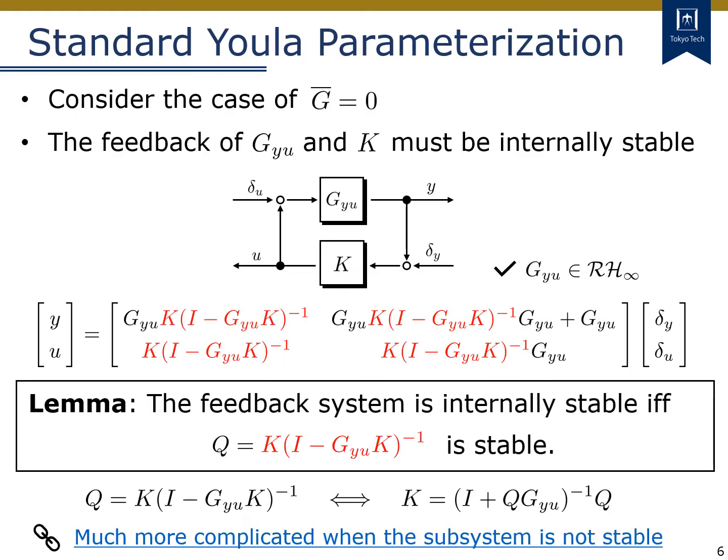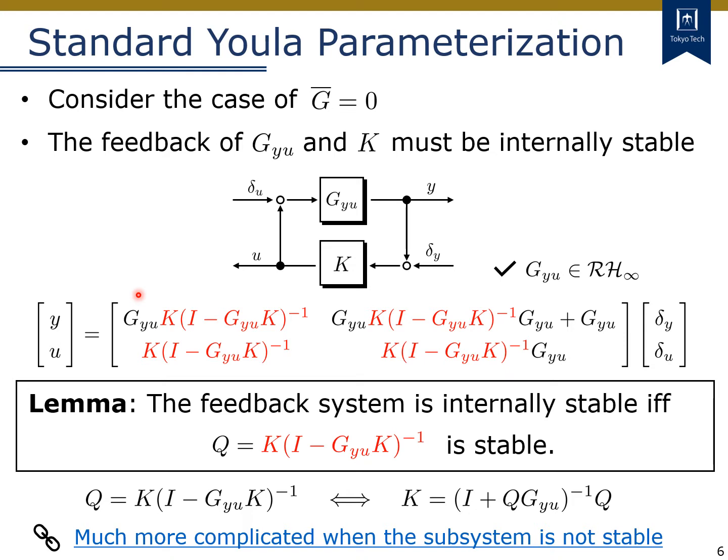Let's overview a standard version of the Youla parameterization here. In fact, if we consider the case of no environment, the problem of finding a controller K is just a standard controller design problem for the plant GYU. Please note that taking the environment G bar as 0 can be a possible choice of environments because the subsystem G is now supposed to be stable.